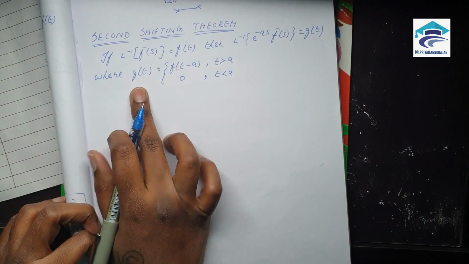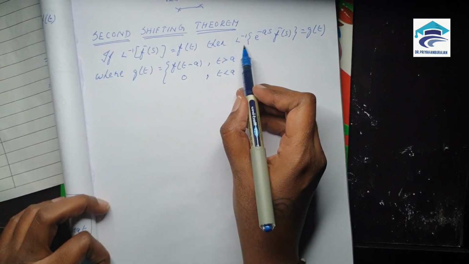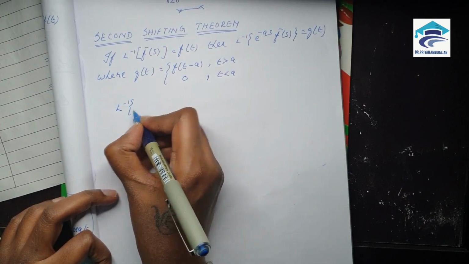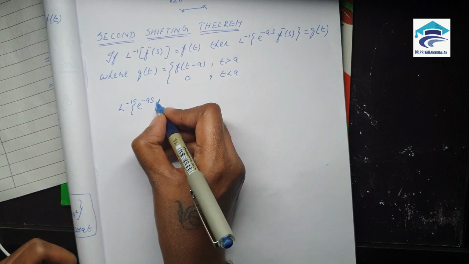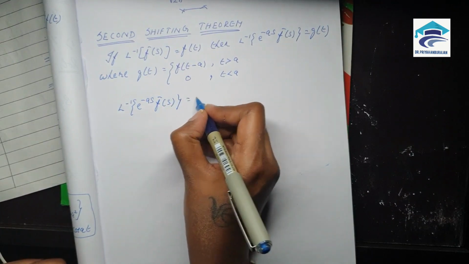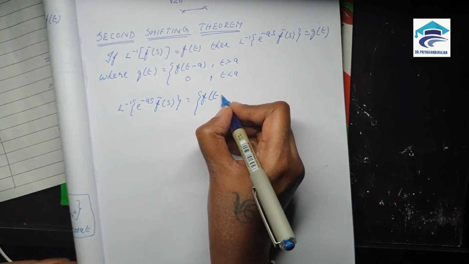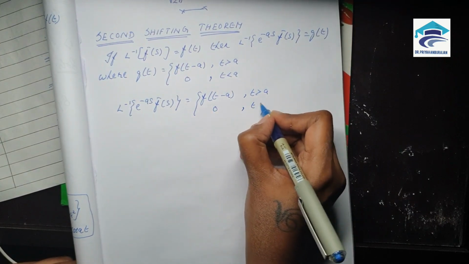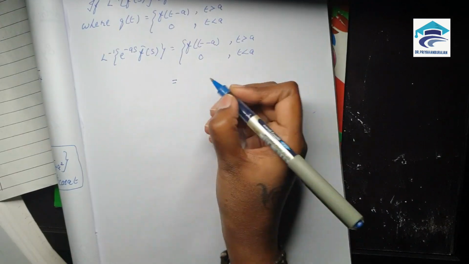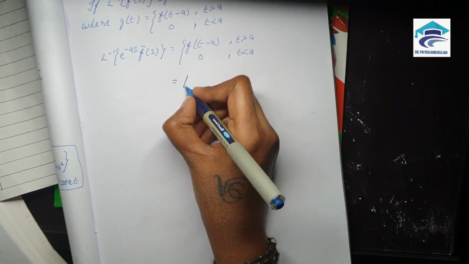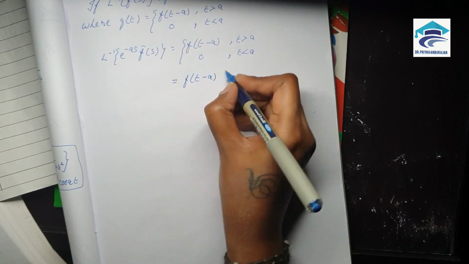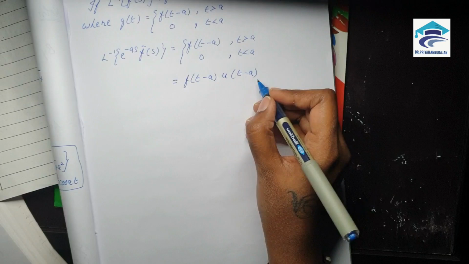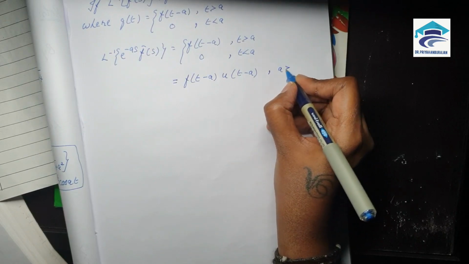This I am going to write further as f of t minus a into u of t minus a, where a here is greater than 0.